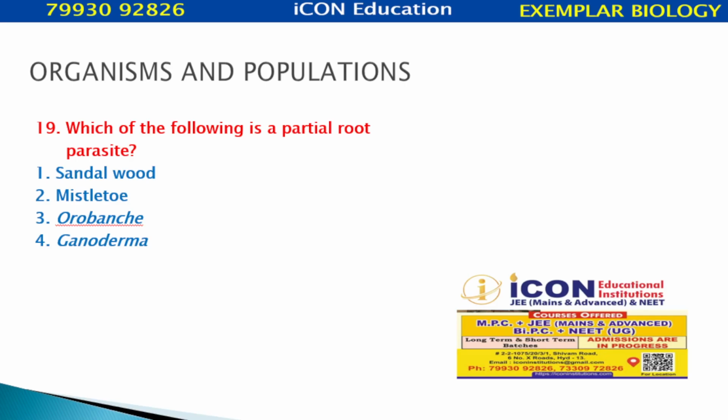Almost outside NCERT we can say. Sandalwood, mistletoe, Orobanche, Ganoderma. Among the four, we don't have all four in the NEET NCERT text, but it is in the NCERT exemplar, need to focus. Sandalwood is the answer for this partial root parasite.